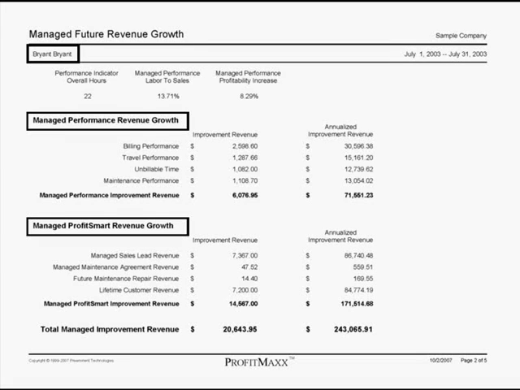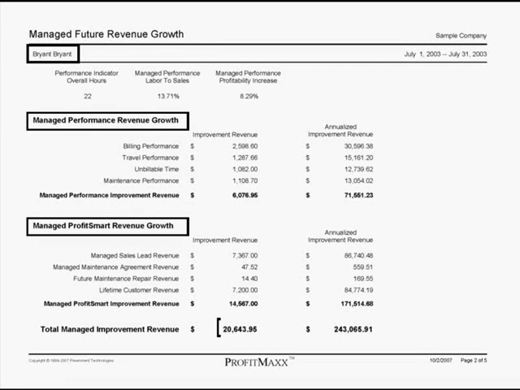But the lifetime customer revenue comes out to $7,200 for this month, and a total for the year of $84,774 for Bryant. That puts our managed ProfitSmart improvement revenue for Bryant at $14,567 for this month, and over the course of a year puts it to $171,514.